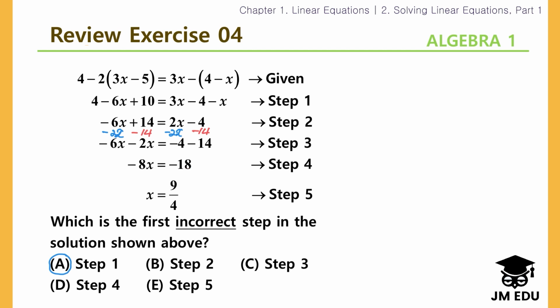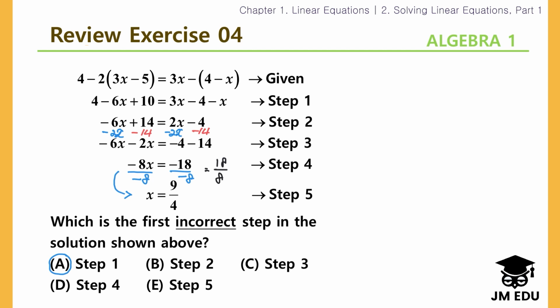The next step, the final step they did here is they divided by, not multiplied, they divided by negative 8 each side, right? Then this becomes x, right? And right hand side, this should be equal to negative divided by negative, that's positive 18 over 8.